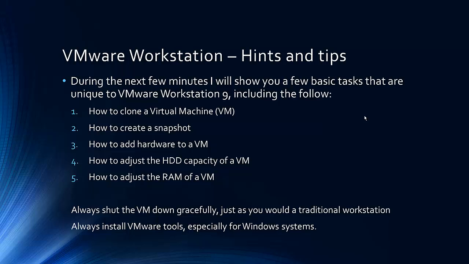How to create a snapshot of a virtual machine, which is a sort of moment-in-time clone of a virtual machine. How to add hardware to a virtual machine. How to adjust the hard drive capacity of a virtual machine, and how to adjust the RAM of a virtual machine. Also, just a couple of points for you.